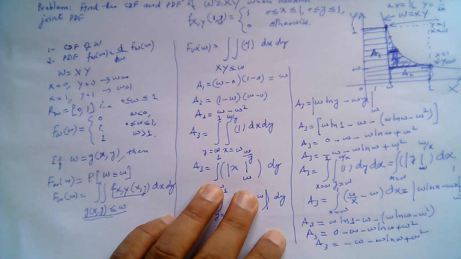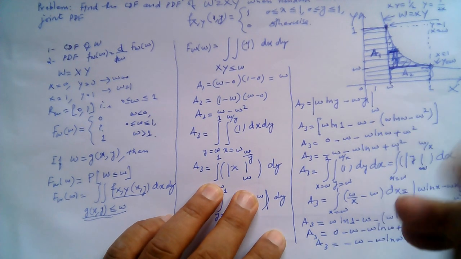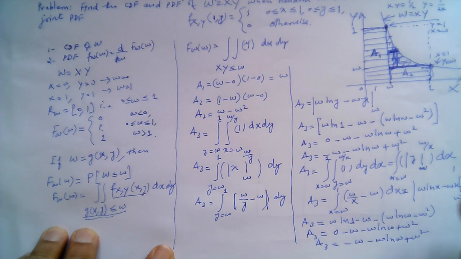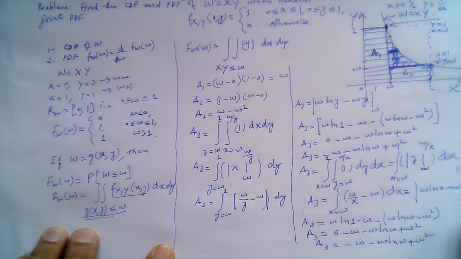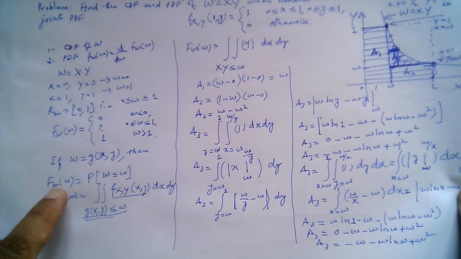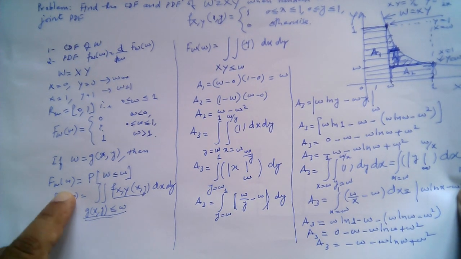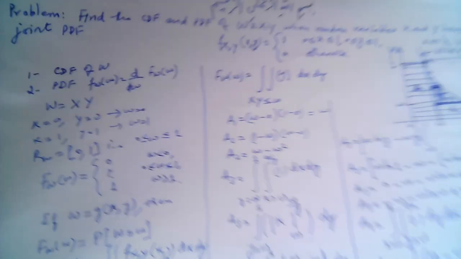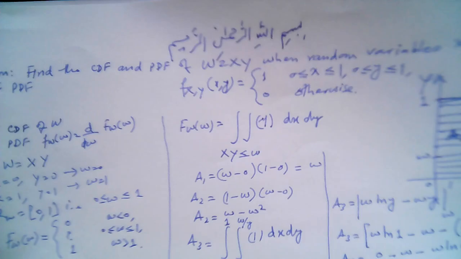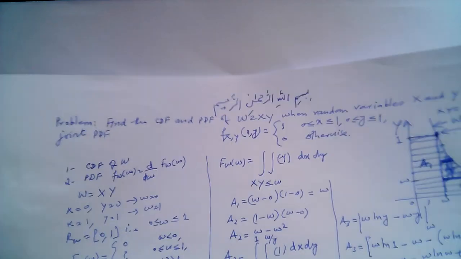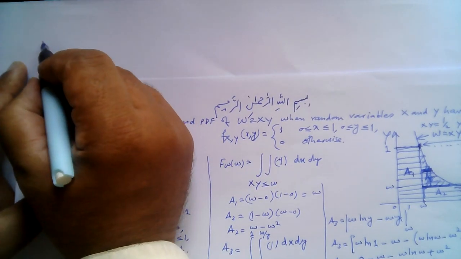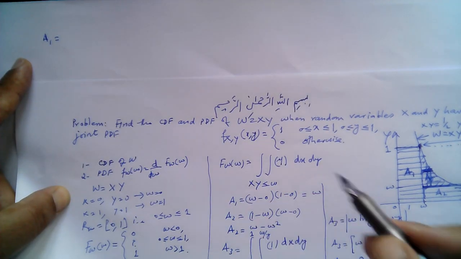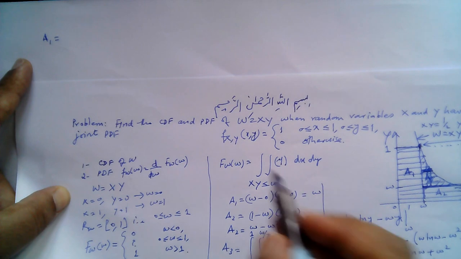So this is how we obtained all these three areas. We can now add these three areas to find F_W of w within this region, right? We have A1, which is given by our result here, w.